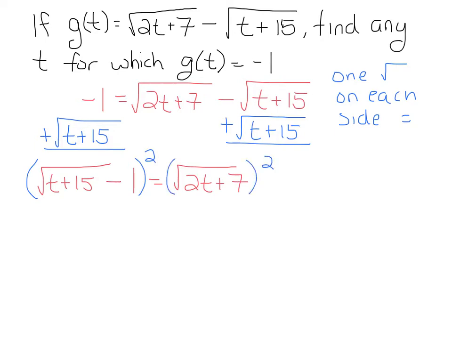Now when we square the left-hand side, we'll have to use FOIL to multiply these out. So let me show you what this looks like.